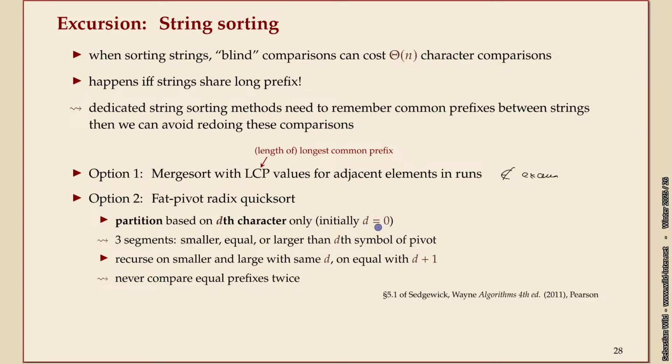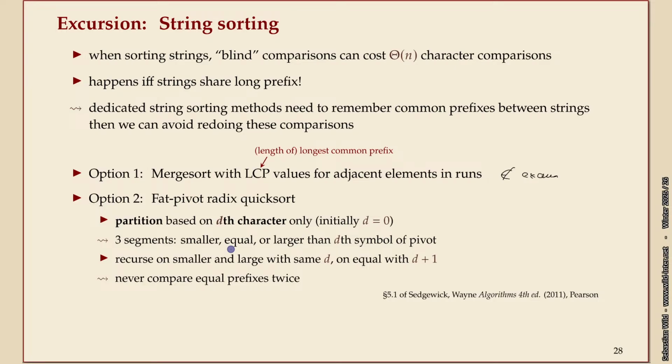So initially I set d to 0. I'm starting with the first position. But then suppose I'm sorting URLs and they are all from org, Wikipedia, whatever. Then they will all end up in the equal partition for the first character of the top level domain.